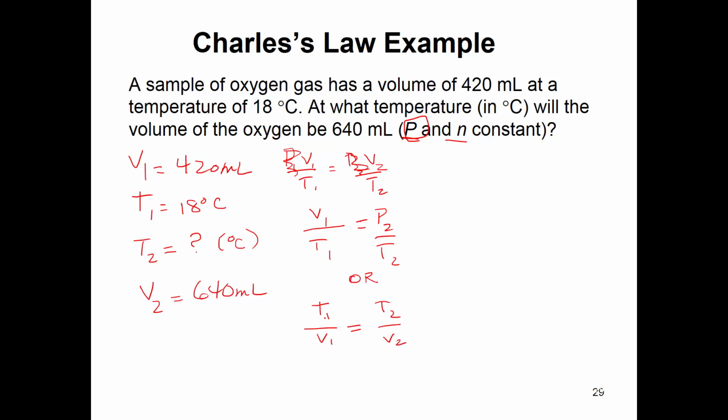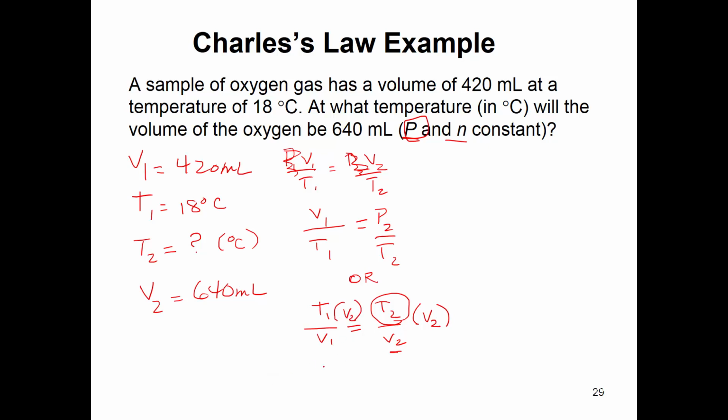The reason I'm doing that is because then I'm solving for what's on top, and it's a little bit easier intuitively. I'm solving for T2, so I'm going to have to get rid of V2. I'm going to multiply both sides by V2 because that'll cancel it on this side. What I do to one side, I must do to the other.